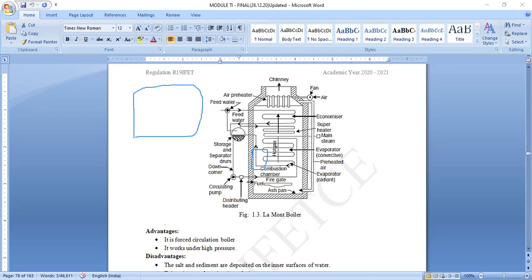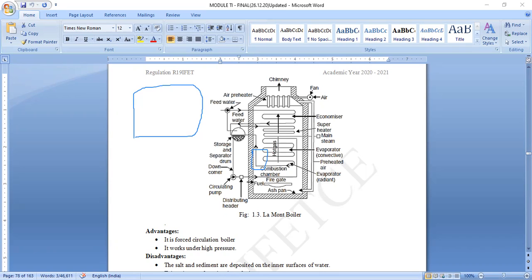Let us see first: the water is fed into the boiler through the feed pump, and first it goes to the economizer. The economizer is a heat exchanger in which heat is transferred to the feed water. Before it goes to the boiler, it is preheated in order to increase the efficiency of the boiler.